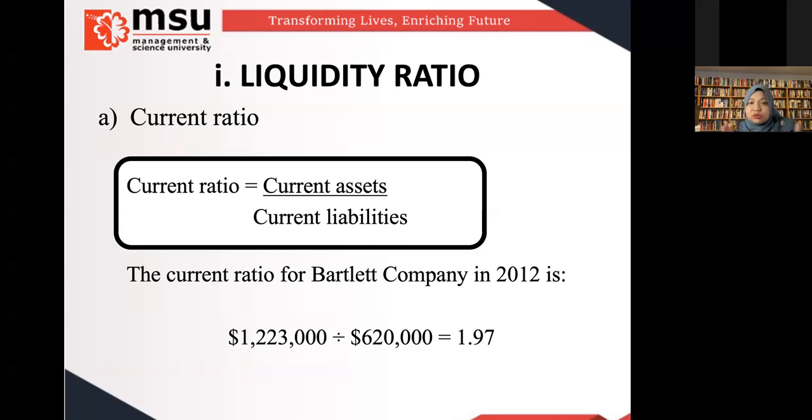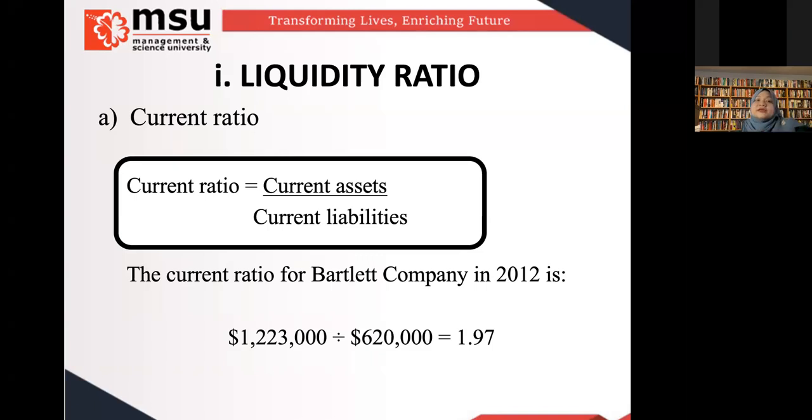Second, if you want to do a comparison, the higher the current ratio, the better the ability of the company. So if the number is higher, that company is better.